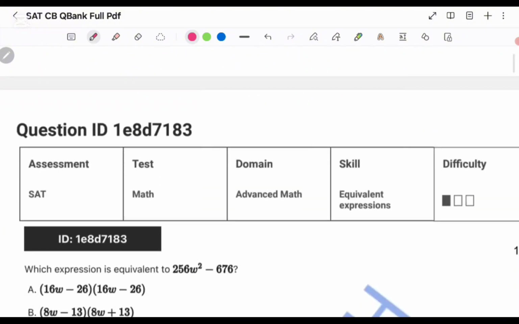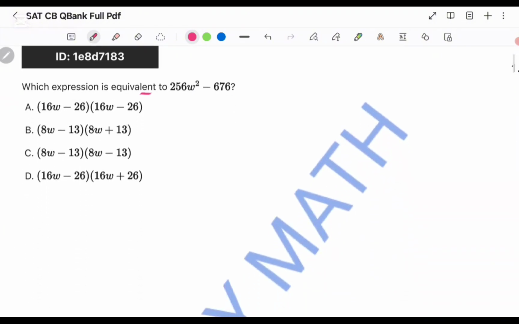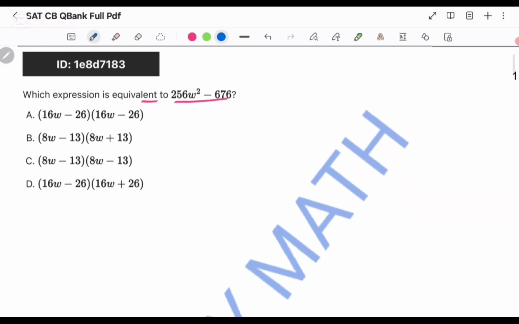Moving forward, we have: which expression is equivalent to this? Now here, again, it is exactly like the other one. So you can go ahead, expand each one of these and try to see which one takes you to here. Let's try the first one first.